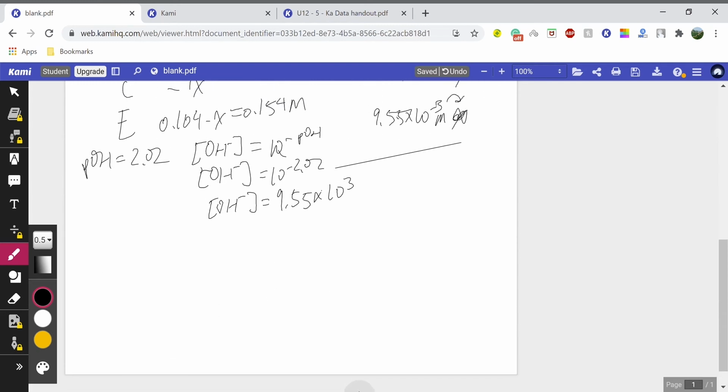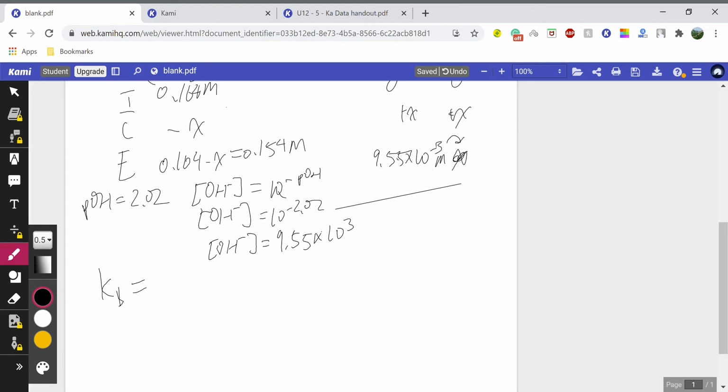Now after finding all those, we need to find Kb and Ka. Kb is equal to x squared divided by 0.164 minus x, which is equal to 9.55 times 10 to the negative third squared divided by 0.154.